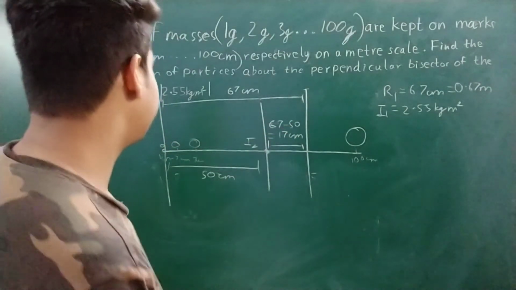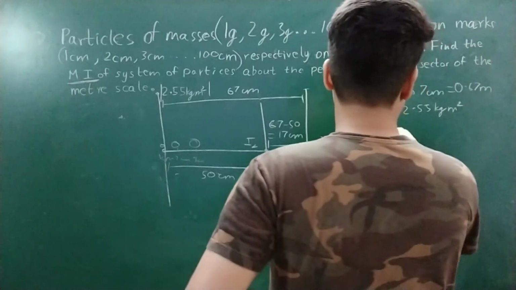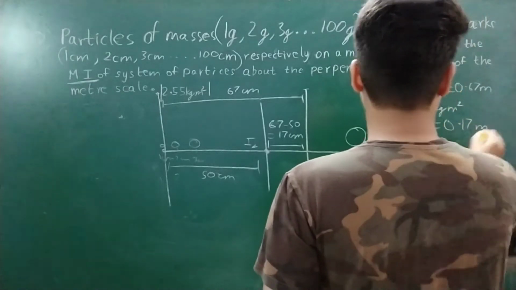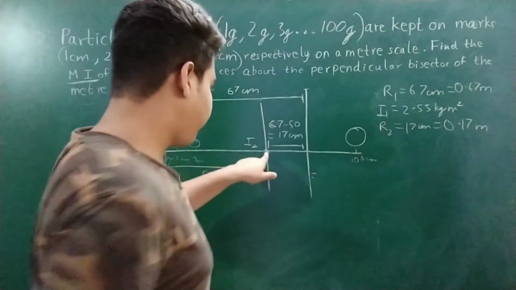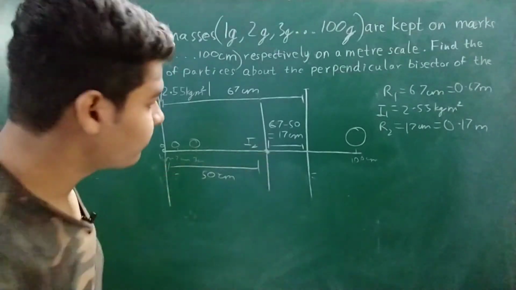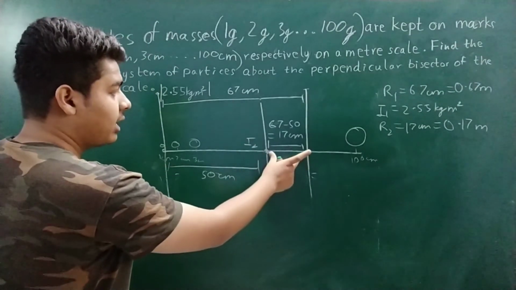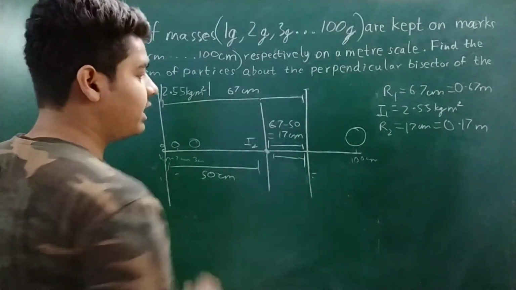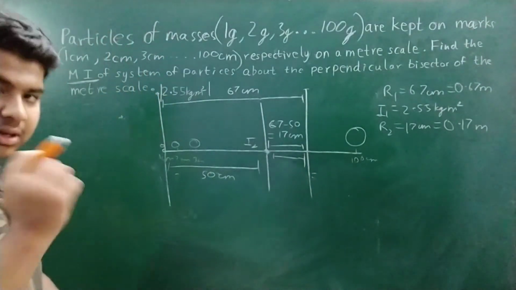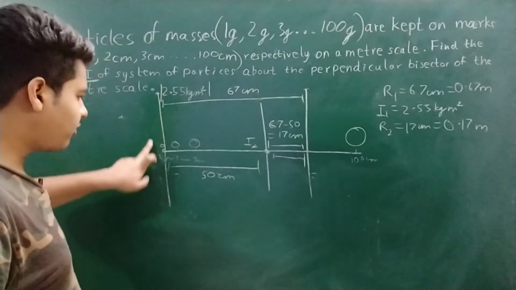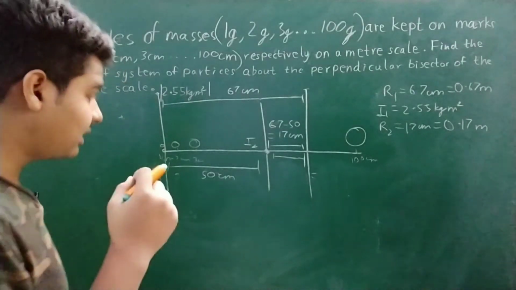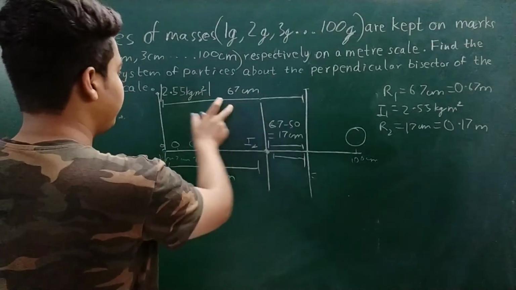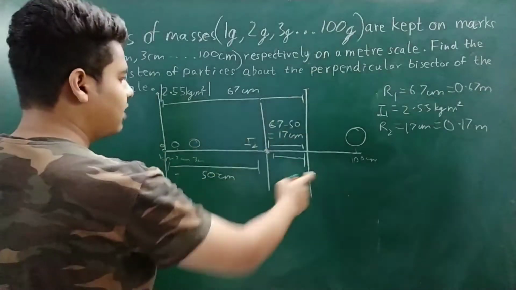After you have got all these, now we have R2, that is 17 centimeter, or 0.17 meter. I'm taking this as R2 because I'm going to find the moment of inertia at this point, considering this as the tip, and the distance of this point from the center of mass. For the actual case, we considered the moment of inertia at the tip at the end and found the distance from the center of mass.